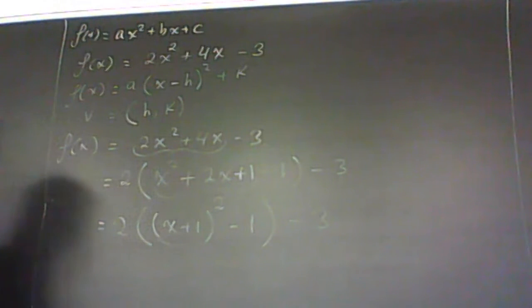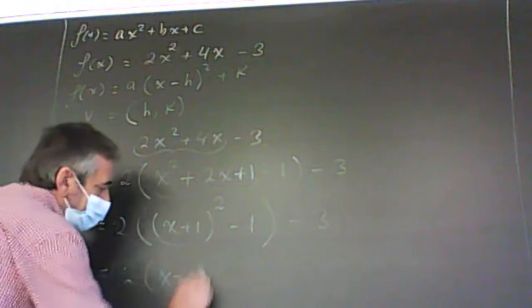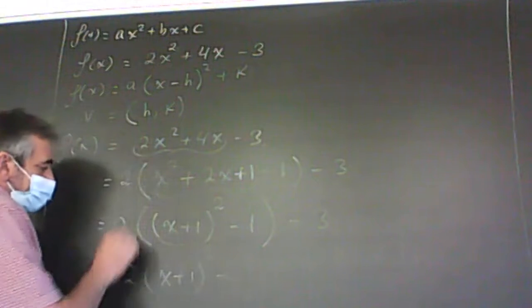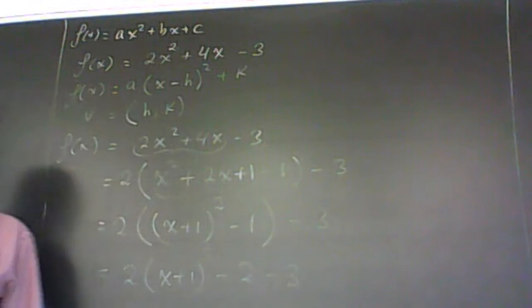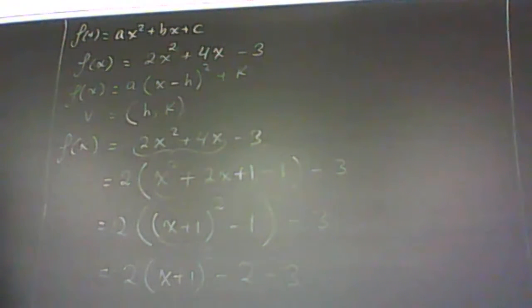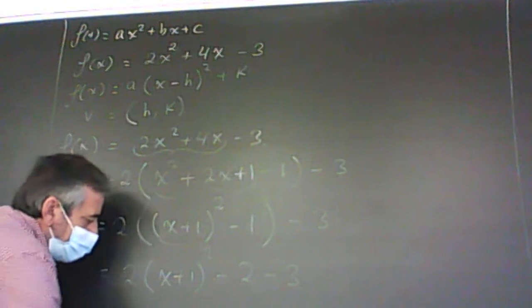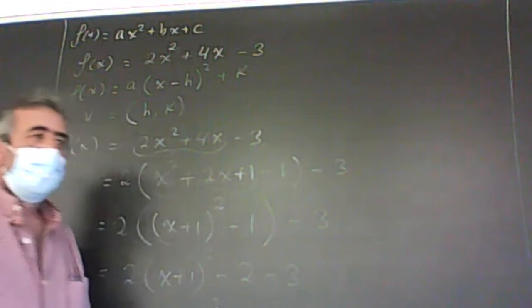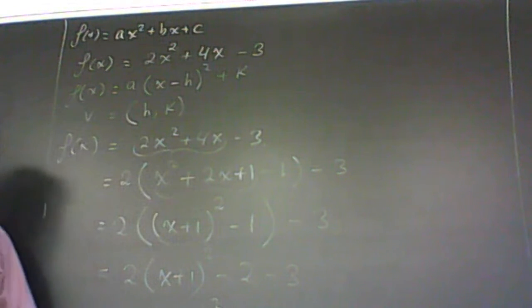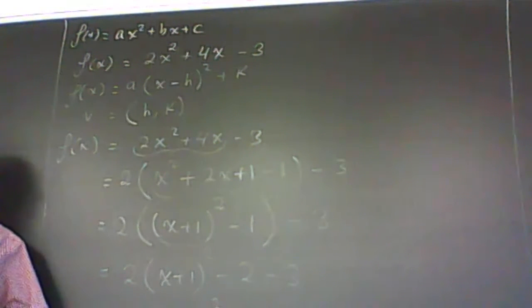That's equal to 2 times (x plus 1) squared minus 2 times 1, which is 2, minus 3. So far, so good. So that's equal to 2 times (x plus 1) squared minus 5. So now we have written this in this format right there.